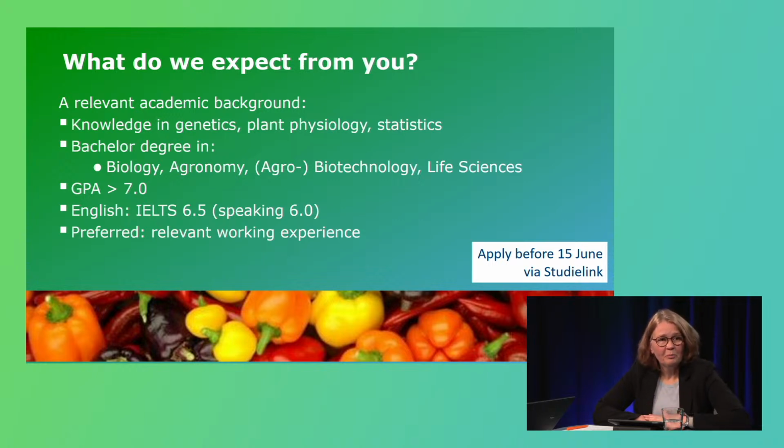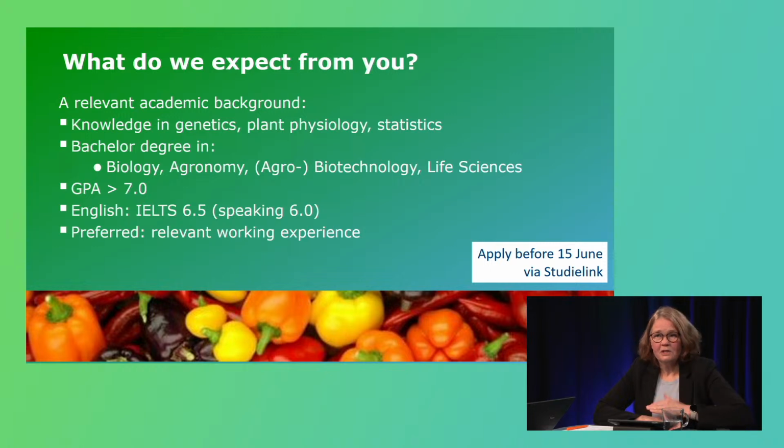Pinpointing that to a bachelor's degree, most of our students have earned a bachelor degree in, for example, biology, agronomy, biotechnology or plant biotechnology, or life sciences in general. Those are really a very good preparation to start the online master in plant breeding.